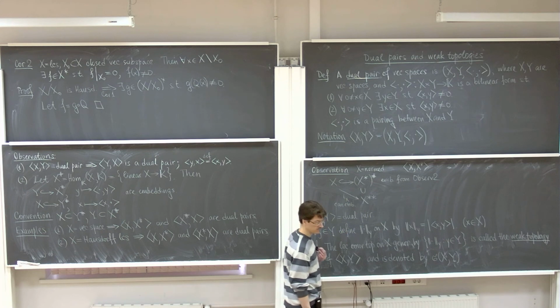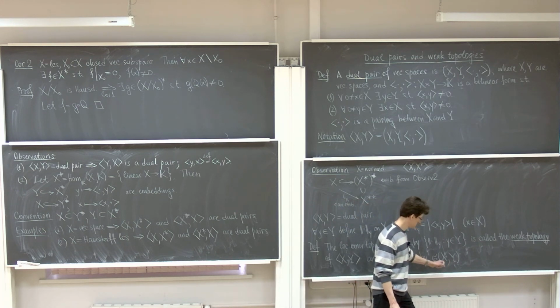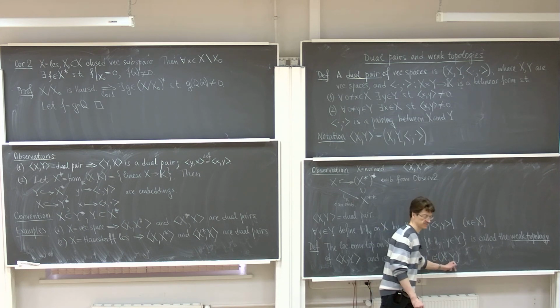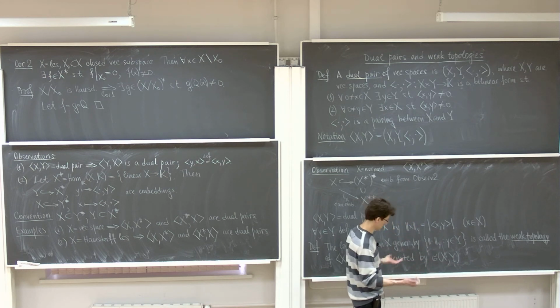So the rule to remember this is as follows. Sigma of XY is the topology on X, on the first space, which is defined in terms of the second space. But of course, Y and X also form a dual pair, and we can consider the weak topology sigma of YX.